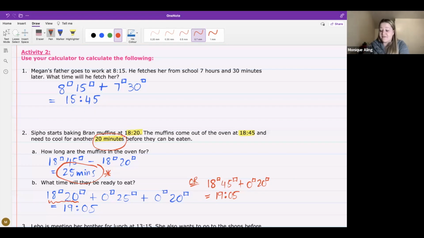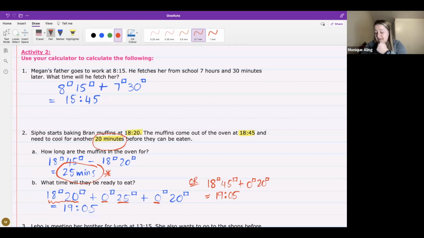So because it was only 25 minutes, I wrote 0 first, time button, then my minutes. That's how long it baked for in the oven. Then I plussed 20 minutes for the cooling down time. But again, keep it in the same format, always hours, then minutes. So if you don't have any hours, you still need to put in that 0 and 20 minutes in that format.